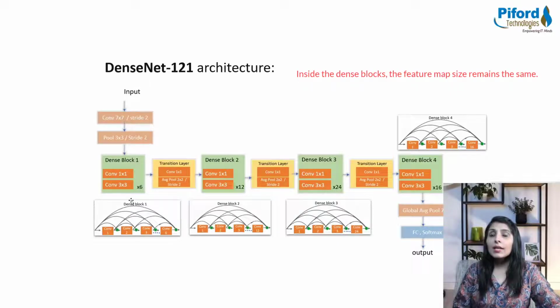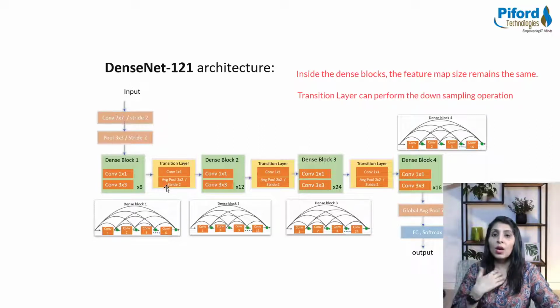Because inside a dense block we are concatenating the feature maps, and the transition layer will perform the downsampling. So we will not downsample the feature maps inside the dense block, but we will downsample the feature maps when they reach the transition layer.